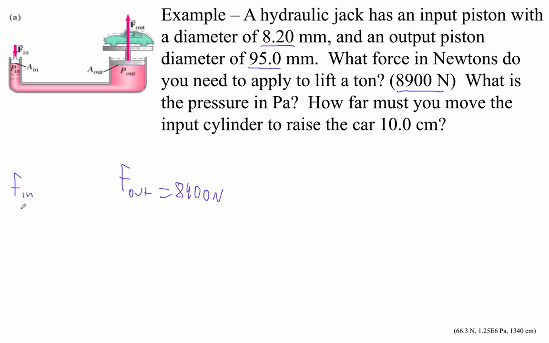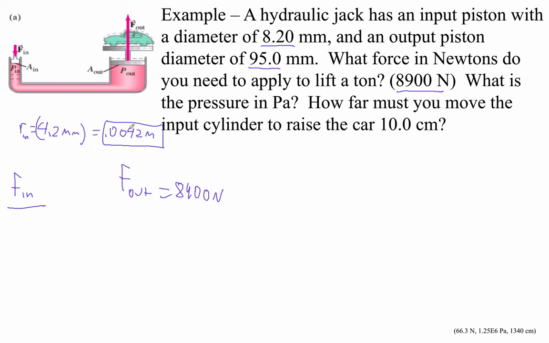And then area, this input area here, that's the diameter, right? So this radius is 4.2 millimeters. Now, by the way, if you mess this up, sometimes you can get the right answer. I'll show you why. Okay, so that is 0.0042 meters, that's our input radius.